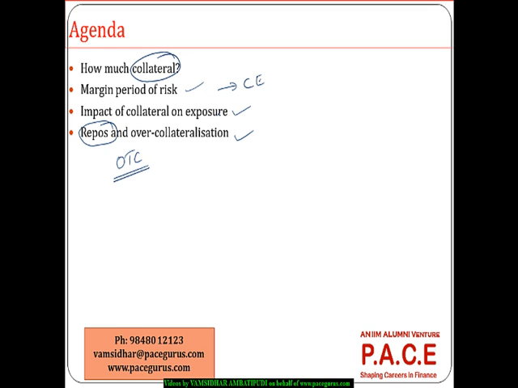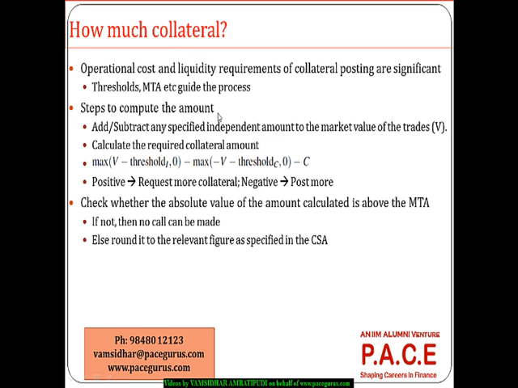and how it plays a role with respect to over collateralization. Now, just to compute how much is the collateral, that is what will be either added or subtracted with respect to the credit exposure. So if I have to know how much is the collateral, a lot of things with respect to collateral we are quite comfortable and familiar with.